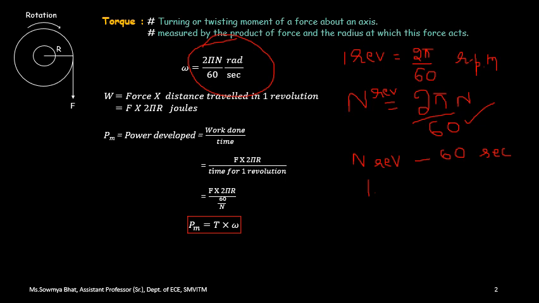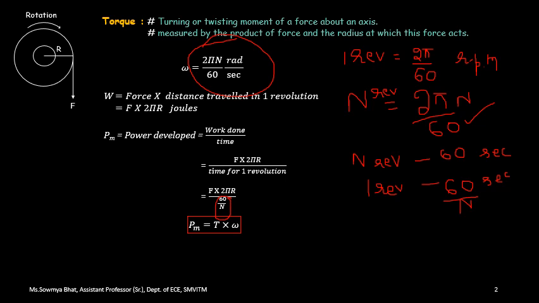Similarly, to perform one revolution or rotation, your wheel requires 60 divided by n seconds. So that's why we got the expression for the time for one revolution as 60 divided by n seconds.